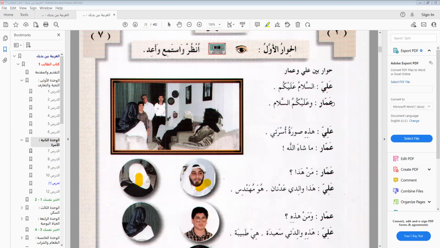Okay. Assalamu alaikum. Wa alaikum assalam. Hazihi suratu usrati. Say that. Hazihi suratu usrati. Say that 5 times. Usrati. Usrati.